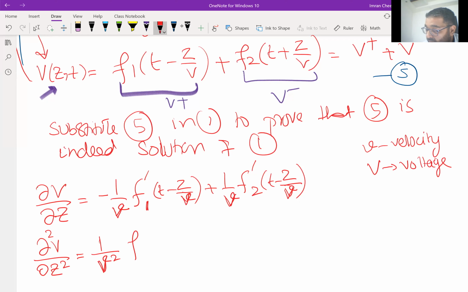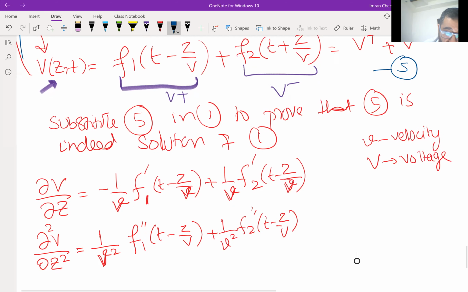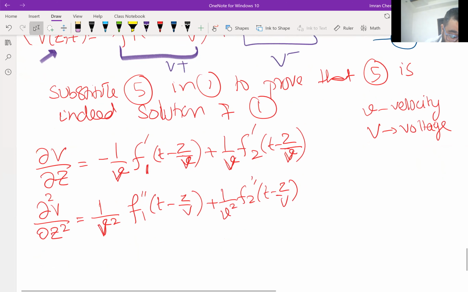Okay, so 1 over v square f1 double dash (t minus z over v) plus 1 over v square f2 double dash (t minus z over v). So let's do the time derivative of this one so that we can have the right hand side too.